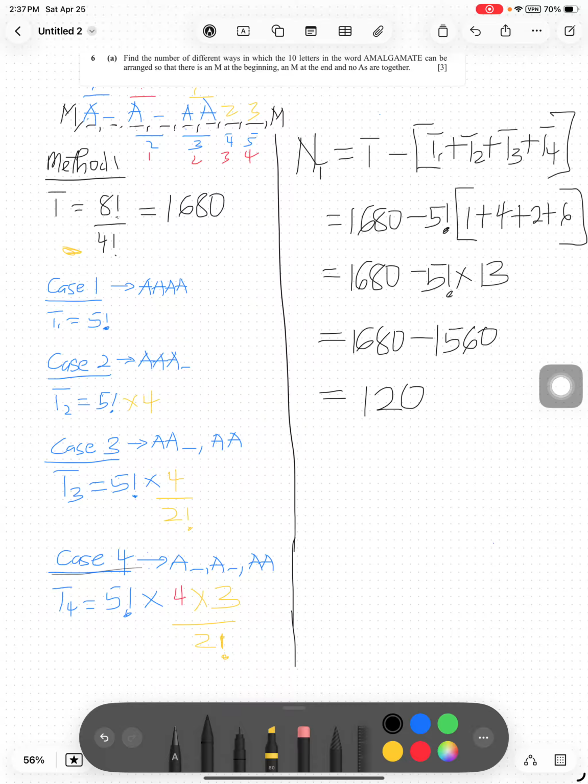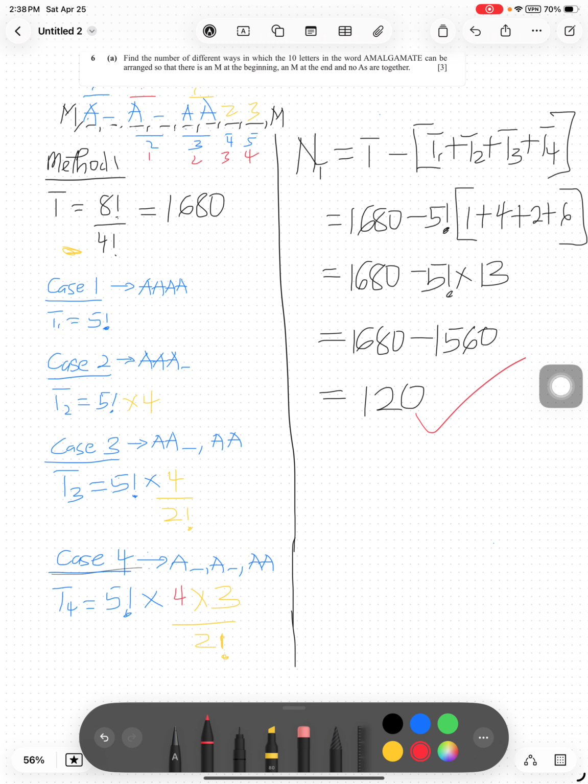So this is the number of ways we can arrange the 10-letter word with M at the front, M at the end, and none of the A's seated together, right? So that is the final answer.